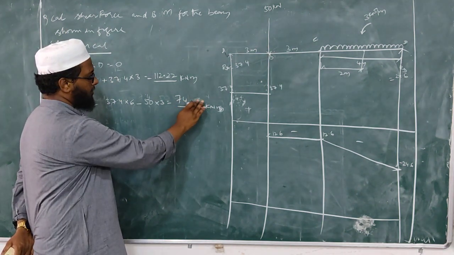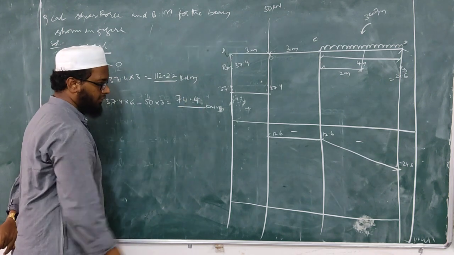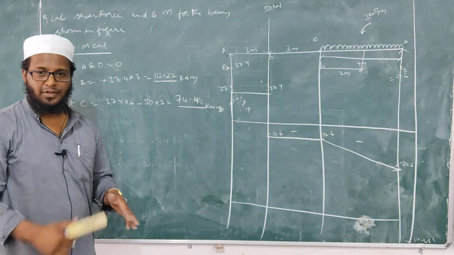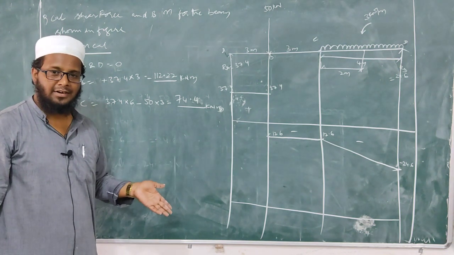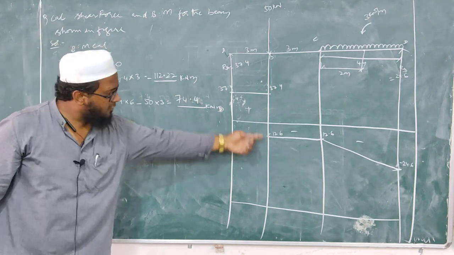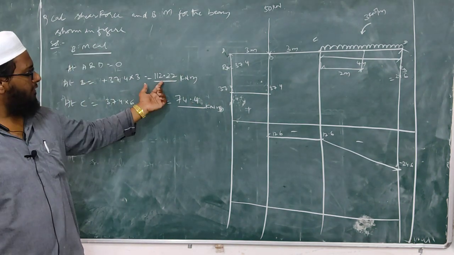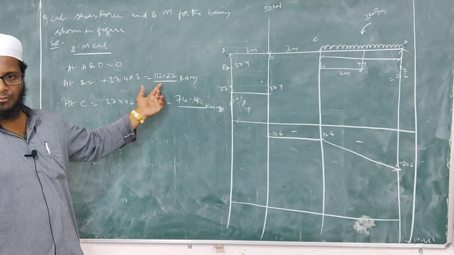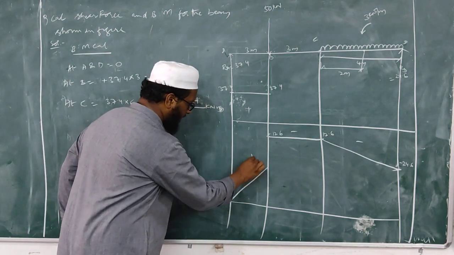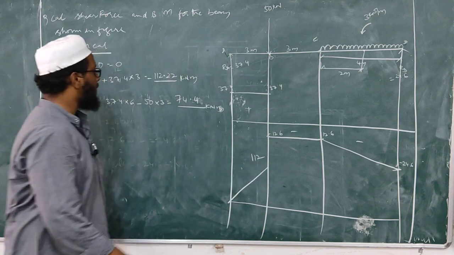Okay. So, see, whenever shear force changes its sign or becomes 0, what will happen there? Bending moment will become maximum there. See here, at point B, we have maximum bending moment, that is 112.22.